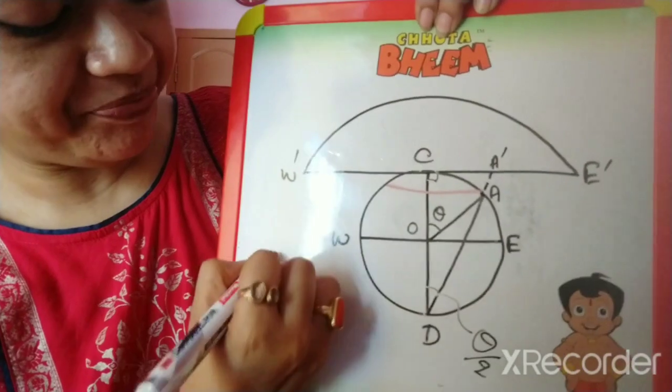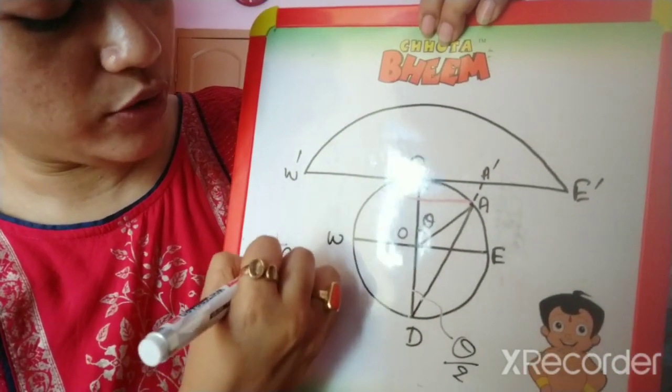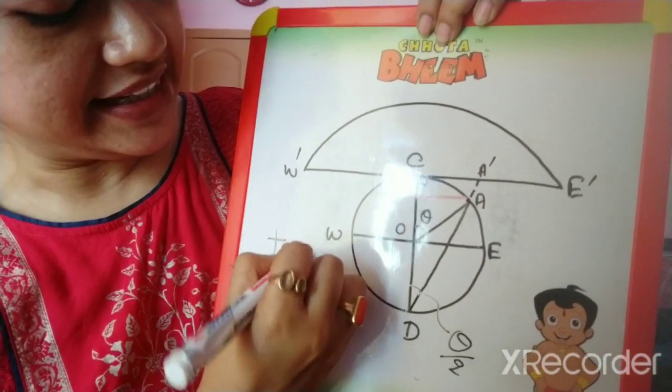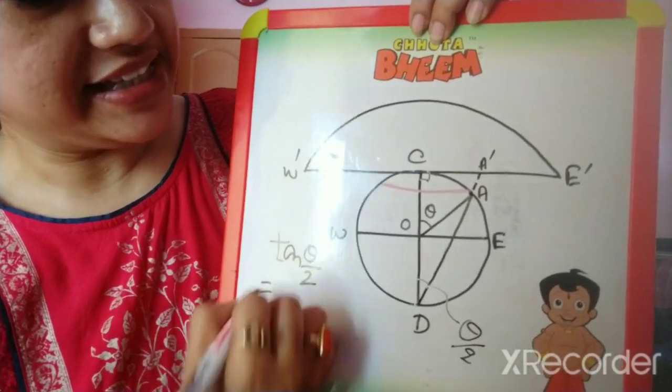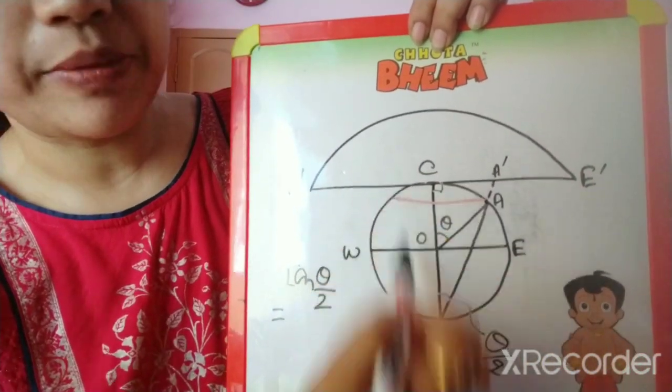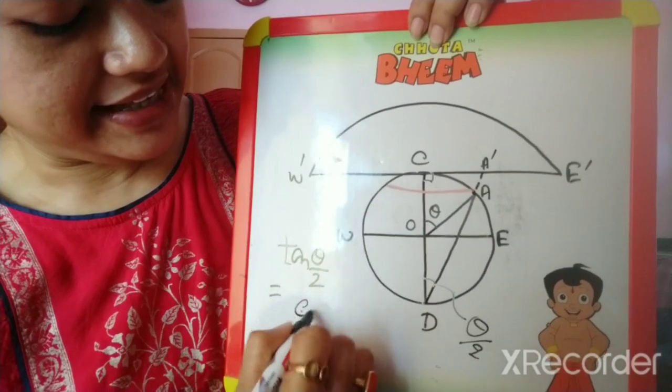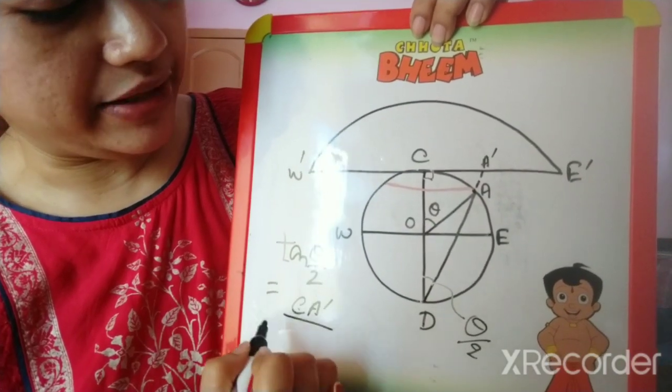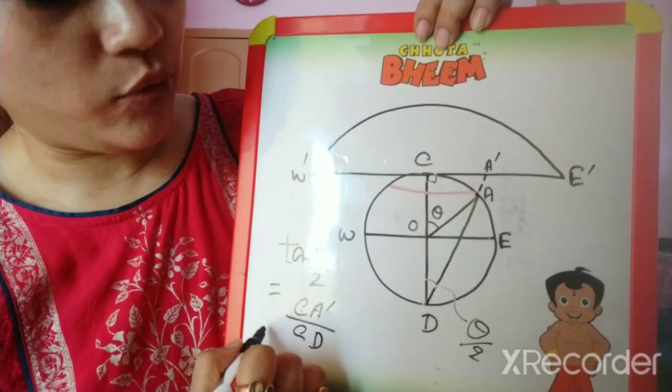Now to find tan θ by 2, which is equal to height by base, that means CA dash divided by CD. Now what is CD?